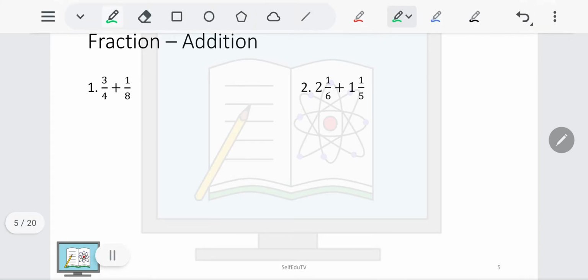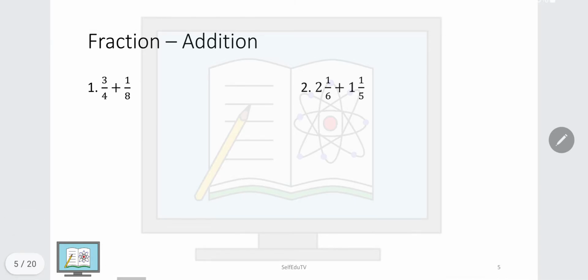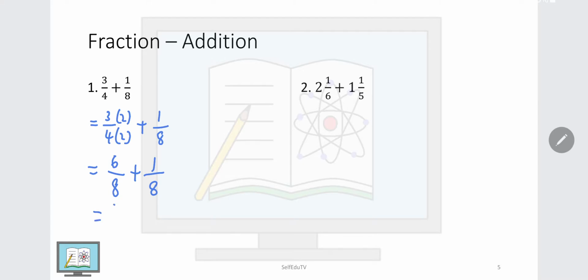So usually we change to the same denominator before adding. So in exams, you must show your steps when required. Calculator is used to check your final answer. So once the denominators are same, then you can add accordingly.